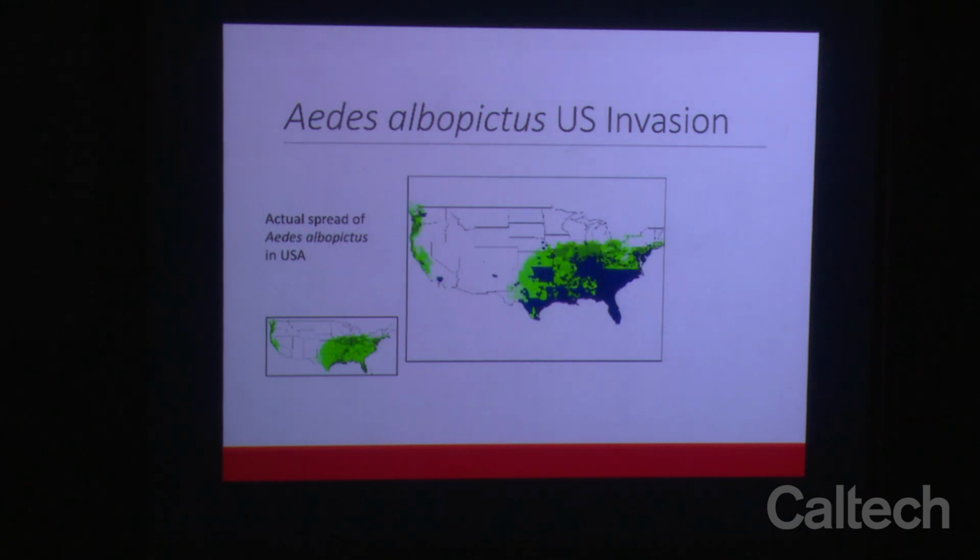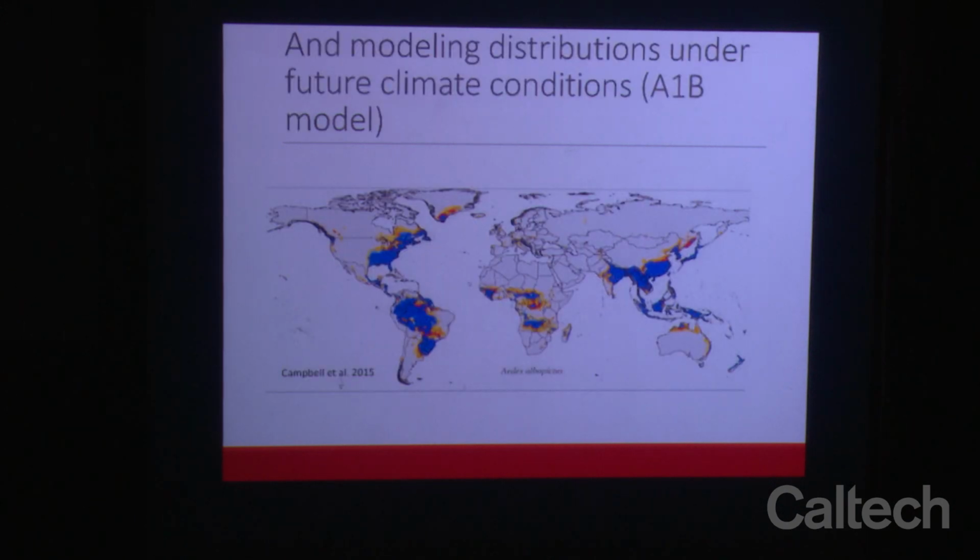So and then there's a niche model showing you that, and you can see that there are cases where the niche model is clearly wrong. These are areas where the model is not predicting presence, but we see presences of Aedes. What's kind of nice is that we can also model distributions under future climate conditions. This is projecting models into the future.